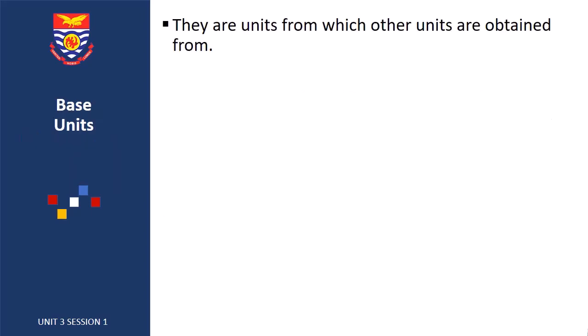And so let us look at the base units. When we say base, or the fundamental units, they are units from which other units are obtained, and we have 7 of them.